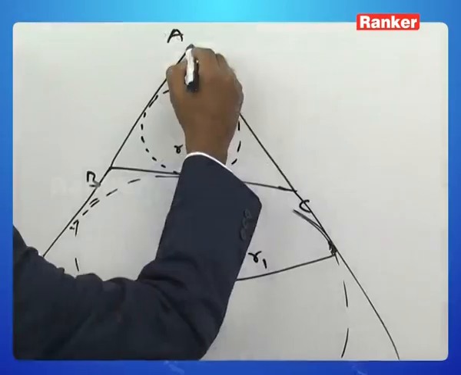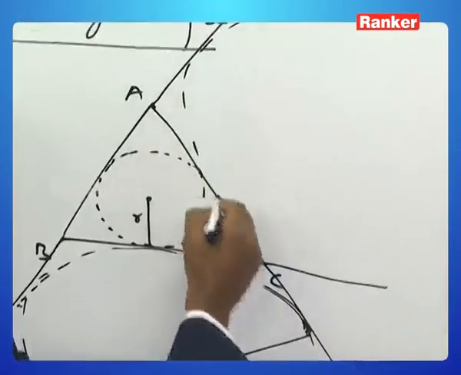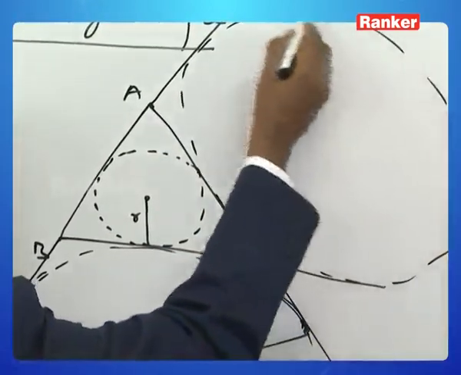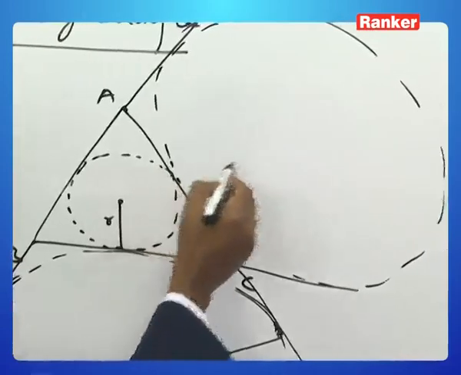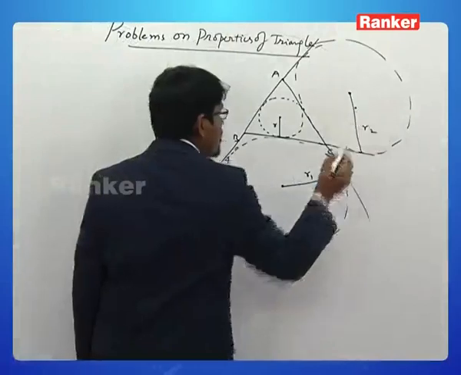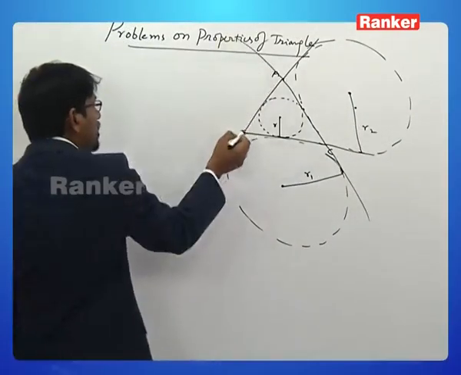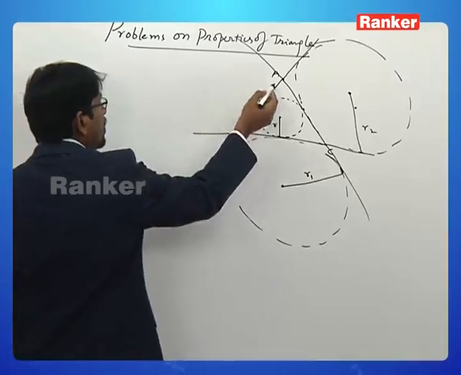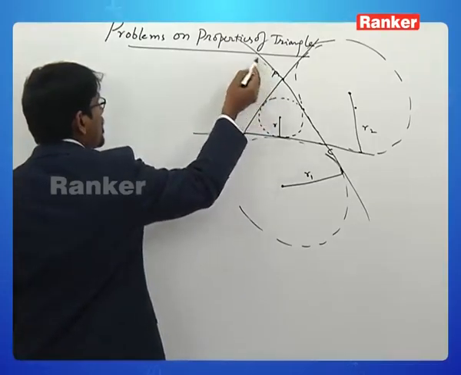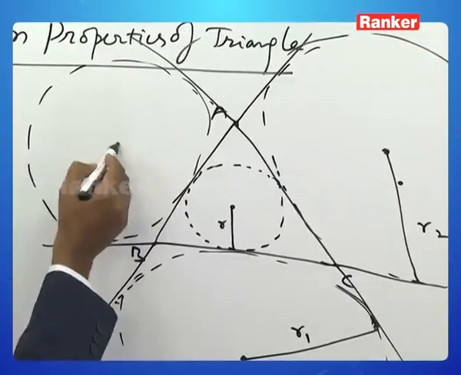Similarly, you have an ascribed circle opposite to the vertex B. The radius of this circle is R2. We have one more ascribed circle touching the triangle externally. The radius of this circle is R3.